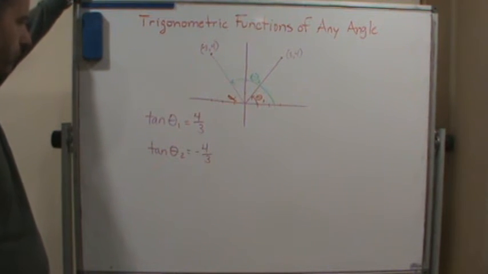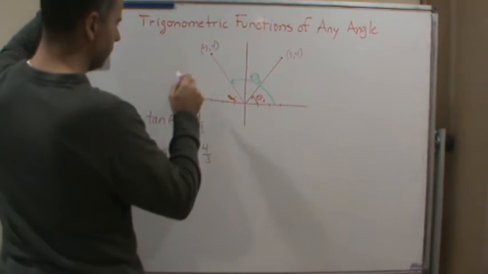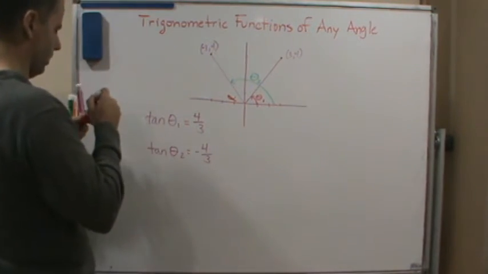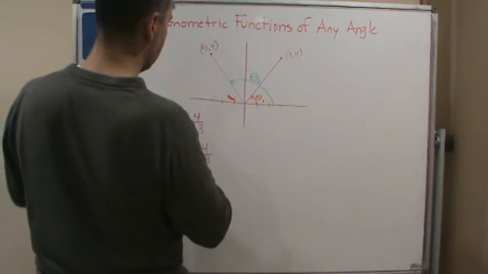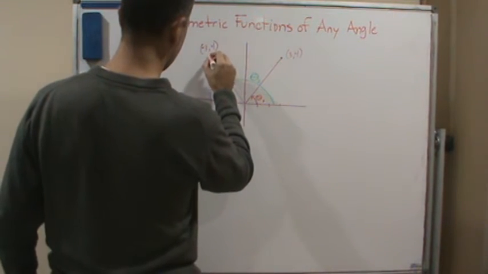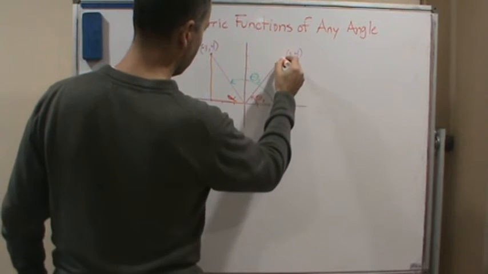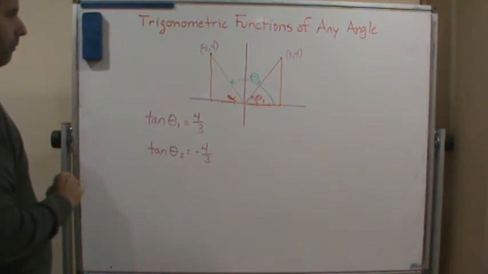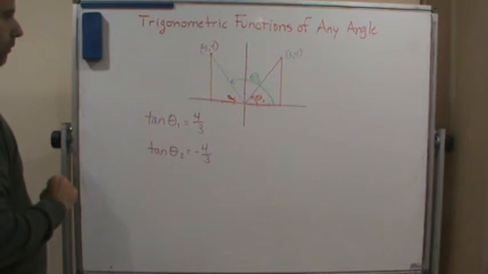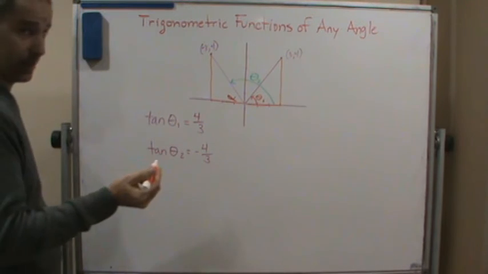Now, but then also, if we look at the angle alpha, so again, if we look at these triangles, and notice also that this angle and this angle are the same angle.